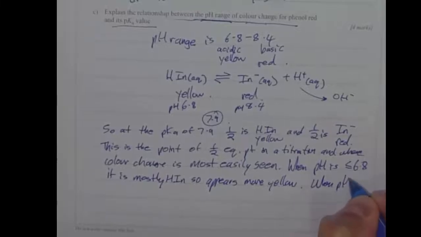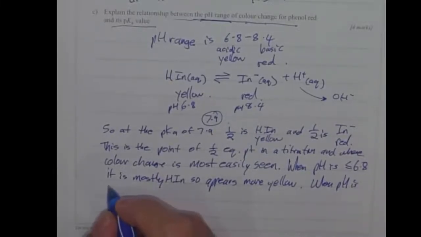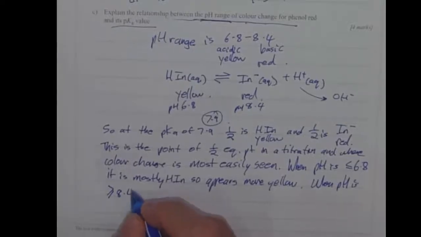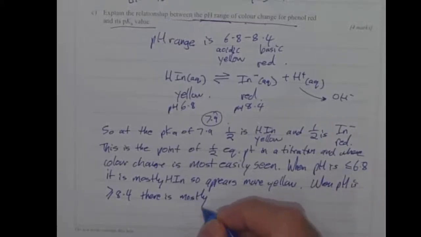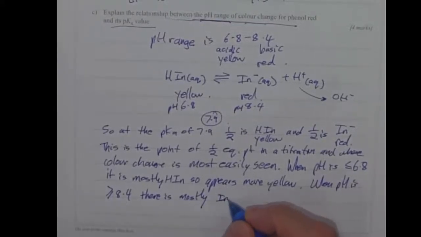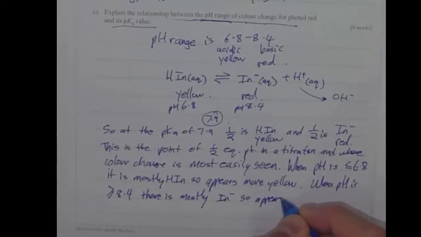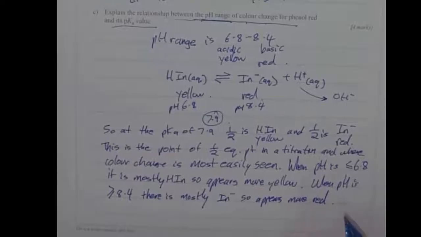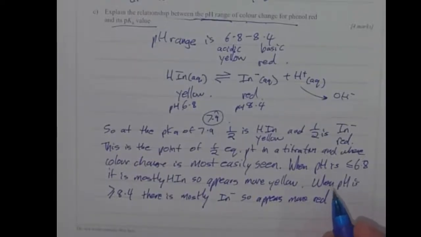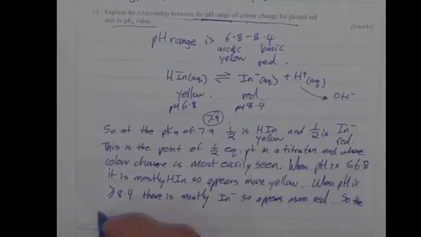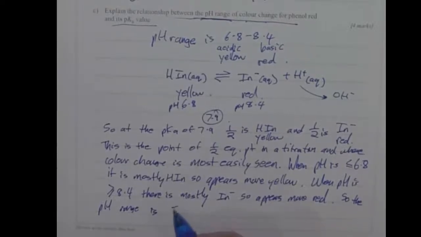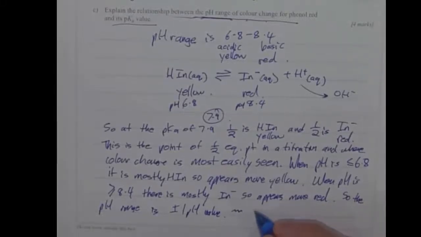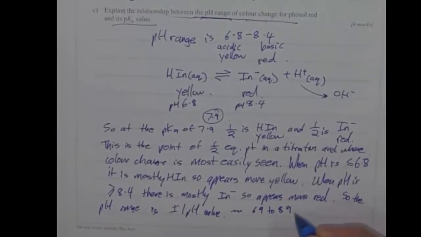When the pH is greater than or equal to 8.4, there is mostly, even if it's just over 50%, In minus, so appears more red. Okay, so the pH range is the plus or minus 1 pH value around, what is that, 7.9, 6.9 to 8.9.